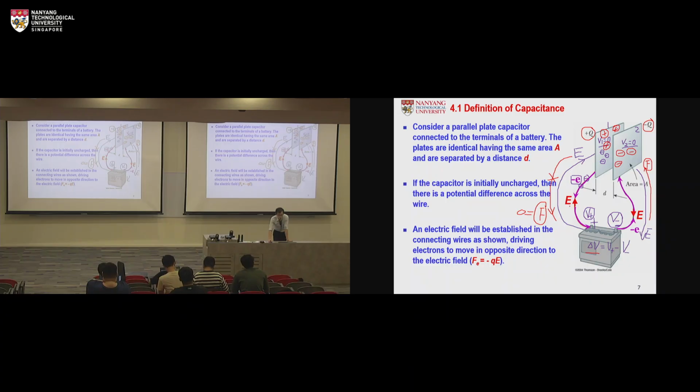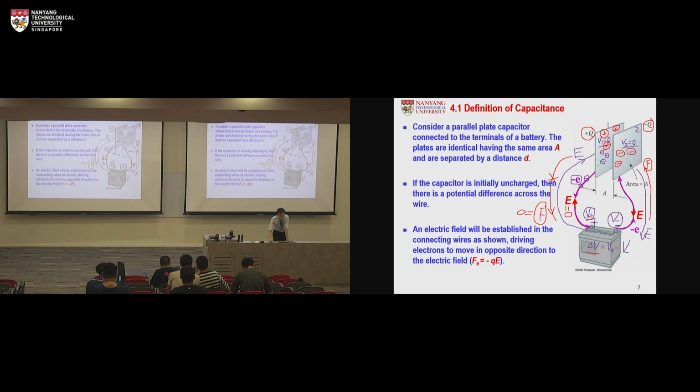If F is 0, then E should also be 0, right? And if E is 0, basically that is to say there is no potential difference between the two ends. While for the battery, this end, of course, is fixed by the battery itself.